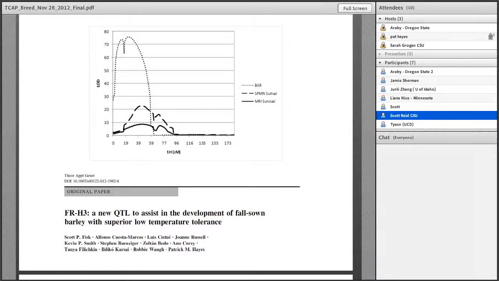So genomic selection is the way that we are using and we will be using to select double haploids in a breeding program for malt quality.